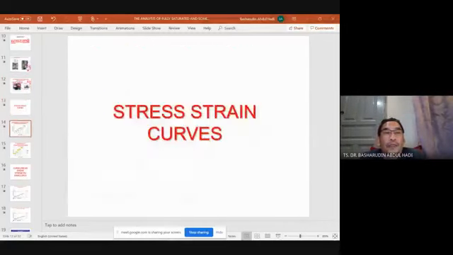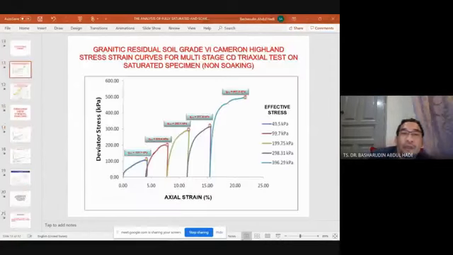After we finish, we plot the results. For the saturated specimen, you can see that the effective stress is 49.5 kPa, so you can get around 50 kPa.